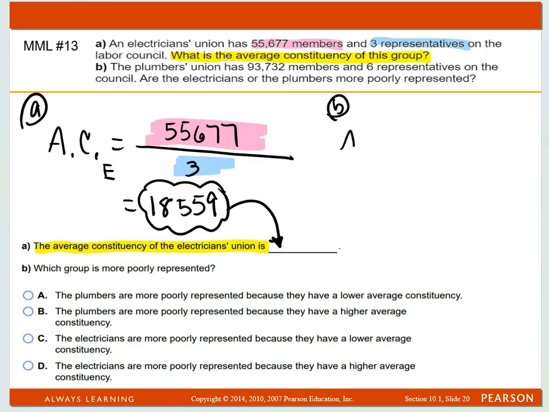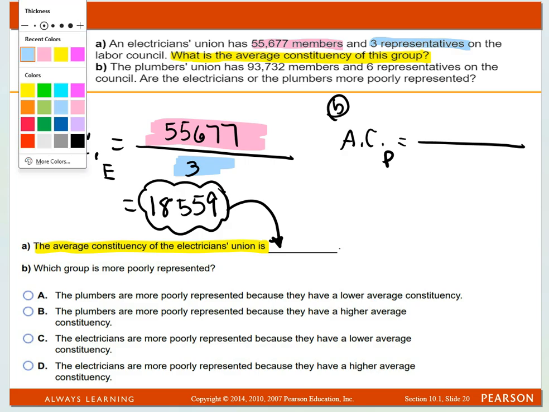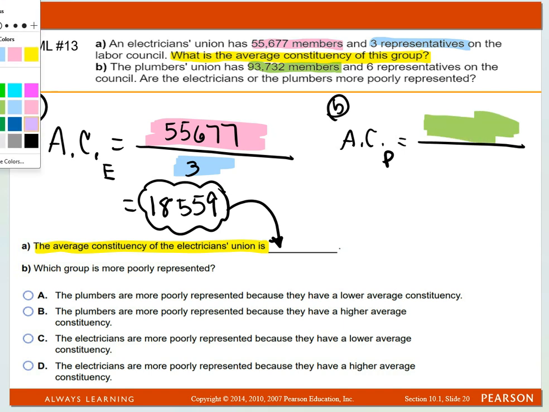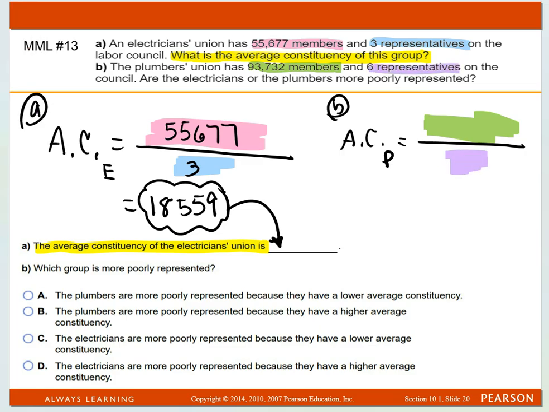So over here I have to figure out the average constituency of the plumbers, and again you just take the total population. So for the plumbers, here was their total members, that's the numerator, divided by the number of representatives, and that's the denominator.